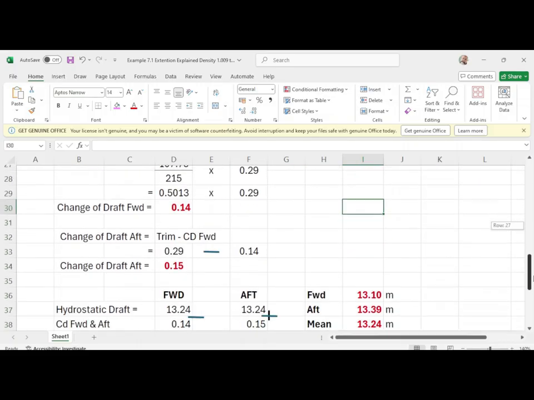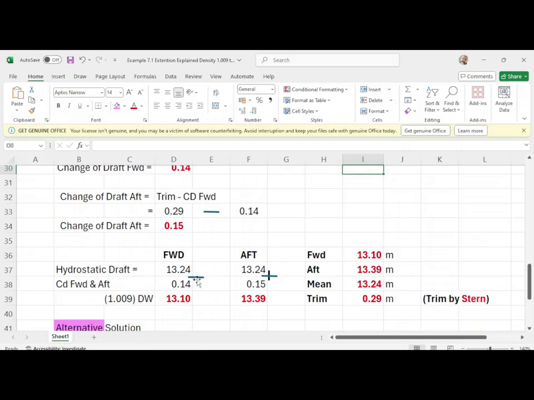So what you do here for forward is deduct, to have a lesser drop you minus your change of drop forward, which is 0.14. So 13.24 minus 0.14, that will be 13.10.